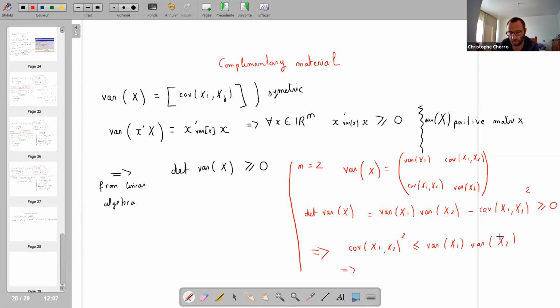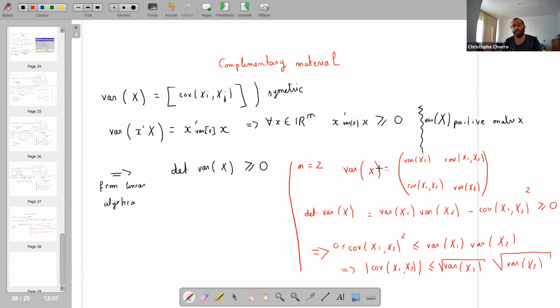Implying, if I take the square root in this inequality, and I have the right because I have positive quantities here, I have the absolute value of the covariance between x1 and x2 that is less than the variance of x1 square root, the variance of x2 square root.